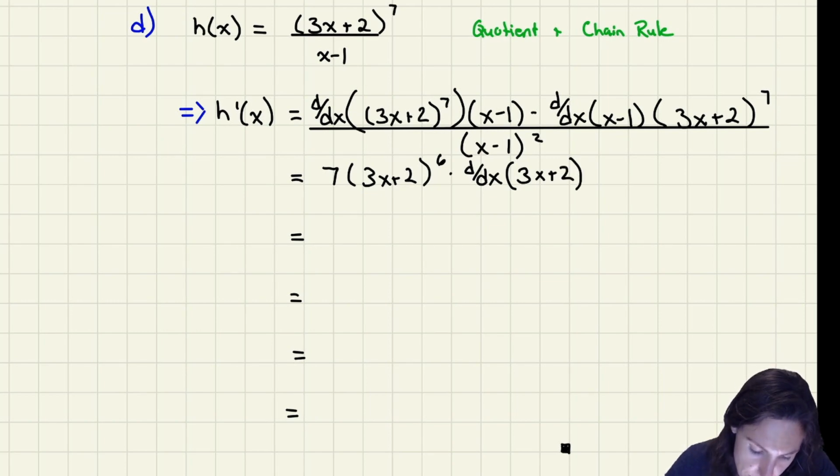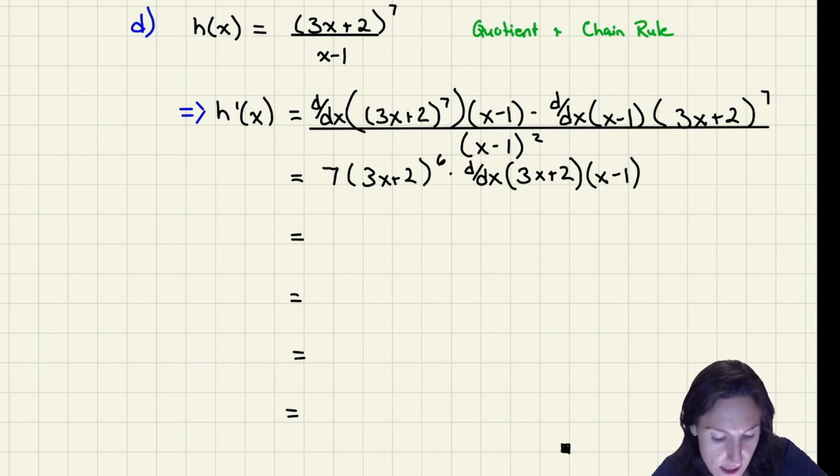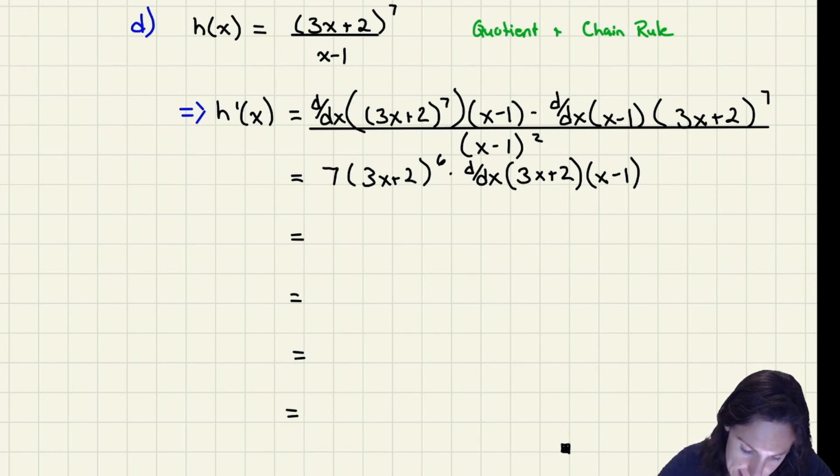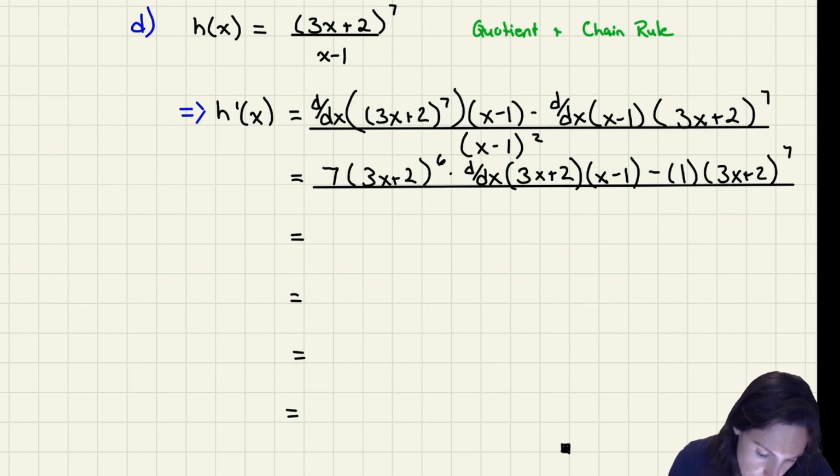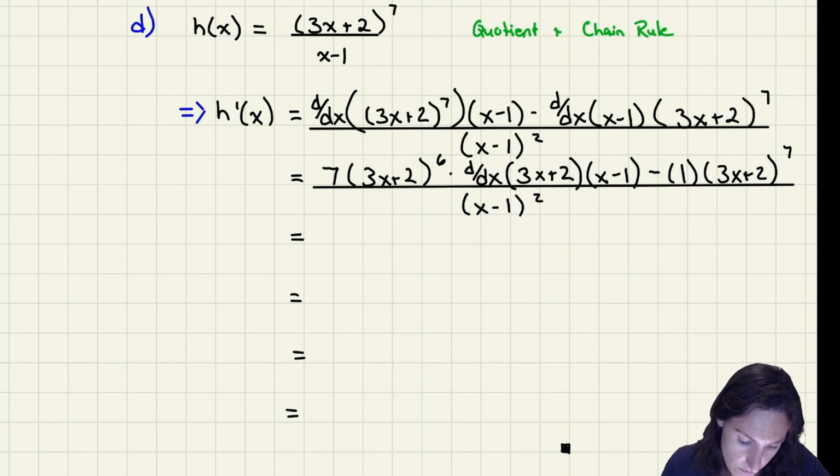But again, I'm just showing some extra steps, so when you're looking back on this yourself, you know where it's coming from. So that's the whole first term of the top. And then we have minus d dx of x minus 1, so just 1, and then 3x plus 2 all to the 7. And again, this is all divided by x minus 1 all squared.